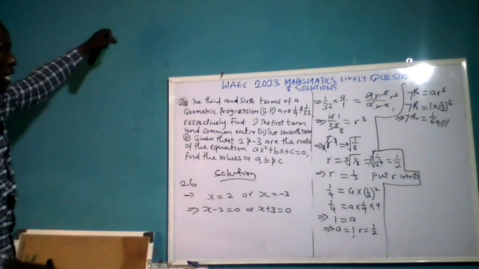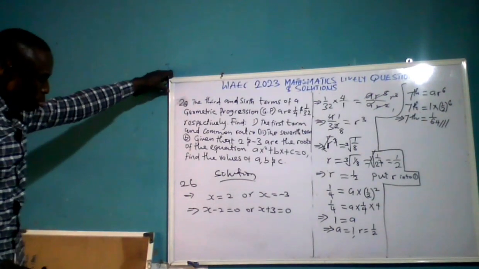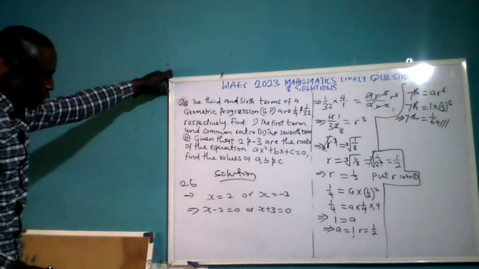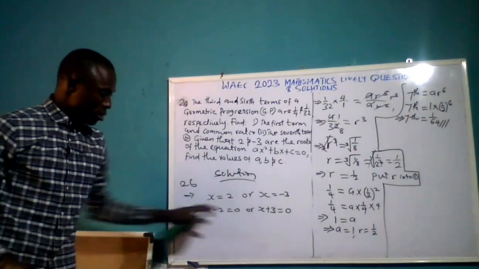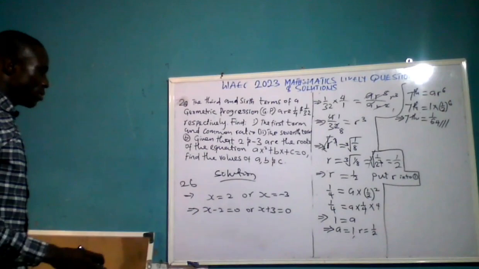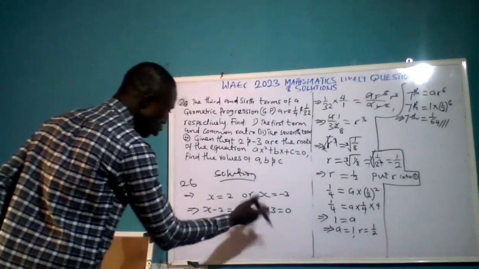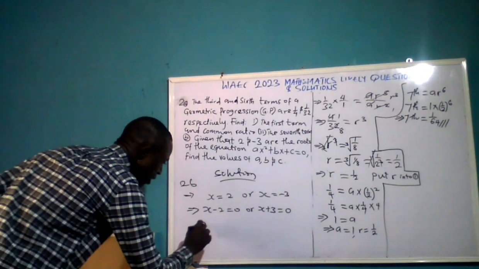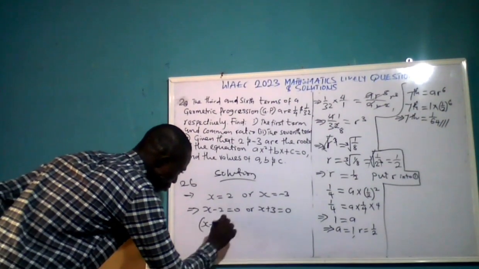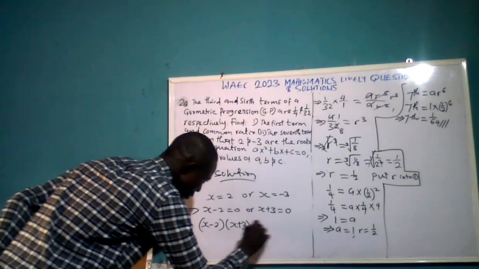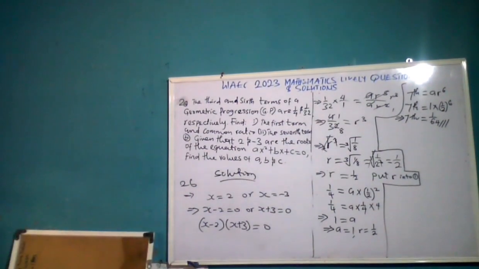Now, the next thing is the condition that this and this satisfy. For this and this to be equal to 0, it just means that their product will also equal 0.